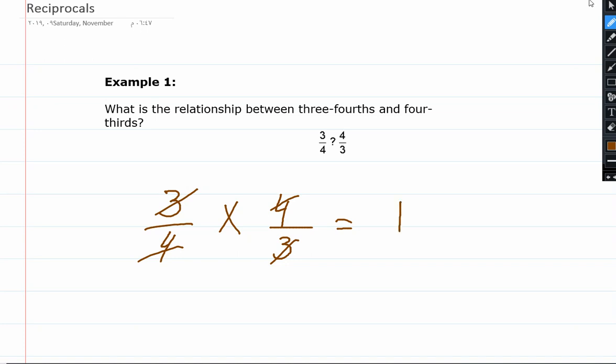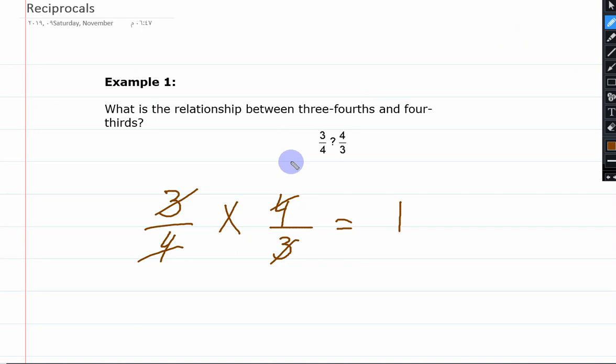So reciprocal numbers means two numbers whose product is equal to 1. Any two numbers whose product is 1, and here we see them as fractions.